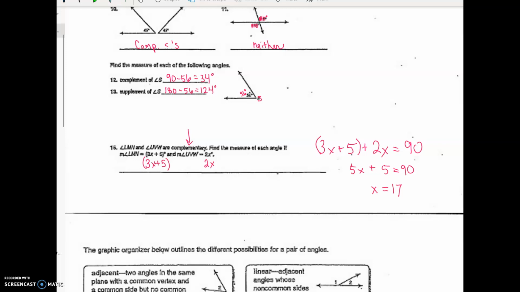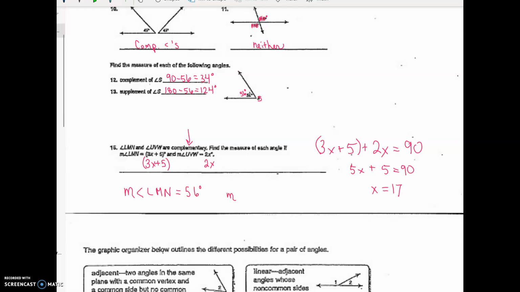So we would say the measurement, we use m for measure, of angle LMN is going to be, when we plug in 17 here, 56 degrees.